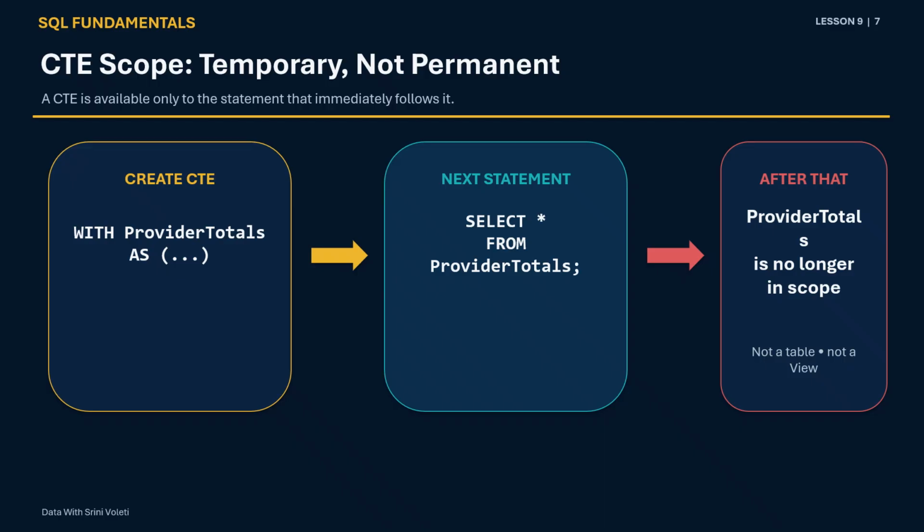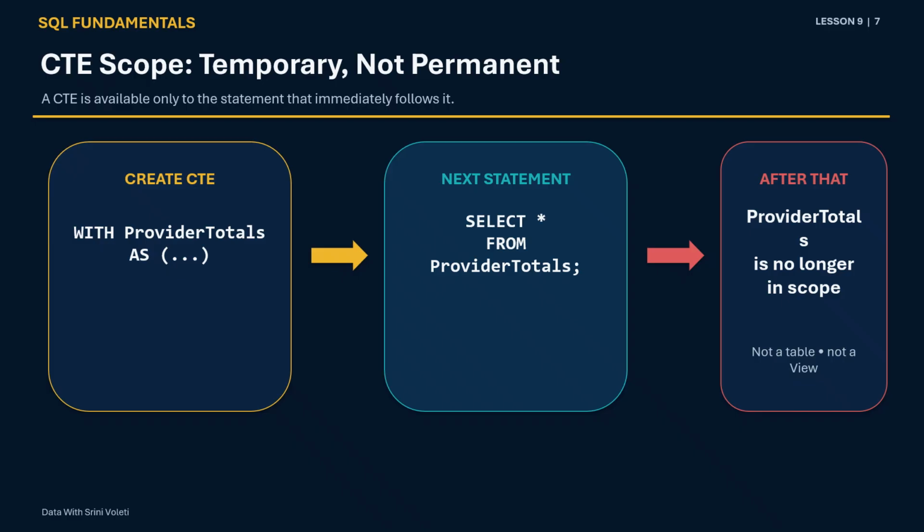This narrow scope is not a weakness. It tells us what a CTE is designed for: organizing one SQL statement. Also remember that temporary here describes the name and scope. It does not mean SQL Server necessarily creates a physical temporary table behind the scenes. That's a common misconception. If a CTE is referenced more than once in a query, do not automatically assume SQL Server calculated it once and stored the result for free reuse.